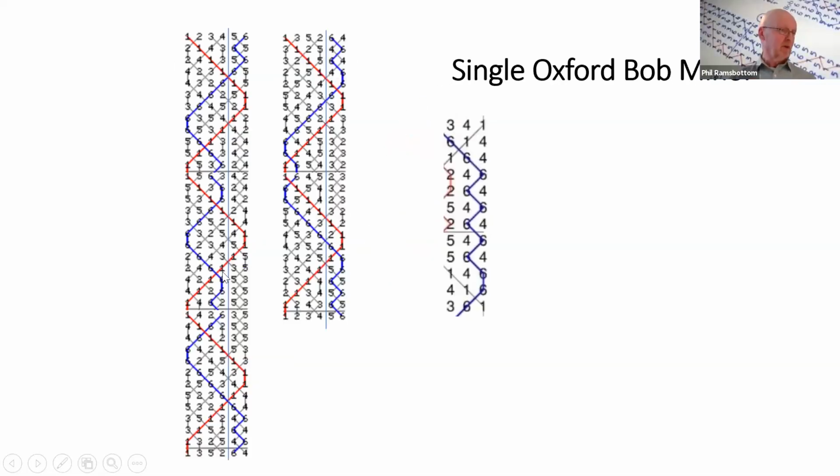Okay. And the same thing happens down here. And also, like in Bob Minimus, if the treble turns you from lead, you make seconds and lead again. If, however, 4th place is reached when hunting out and the treble has not yet been passed, so let's say you've got down to here, the 6th there is still in 4th place, and they've still not passed the treble.